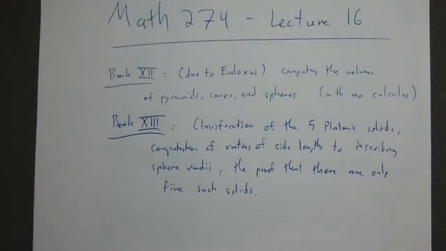As I've said before, this was used as a textbook for about 2,000 years, and it really wasn't until after World War II that these major objections started being raised, that there was a better way to teach this sort of geometry, using modern machinery like linear algebra to get rid of some of these really torturous arguments.